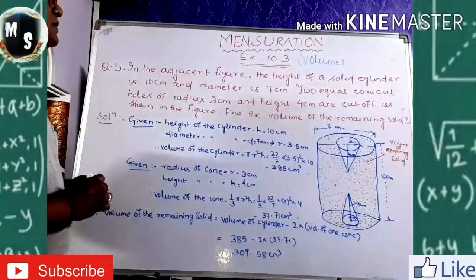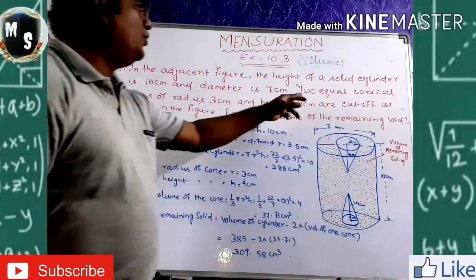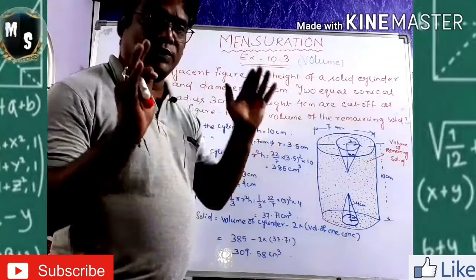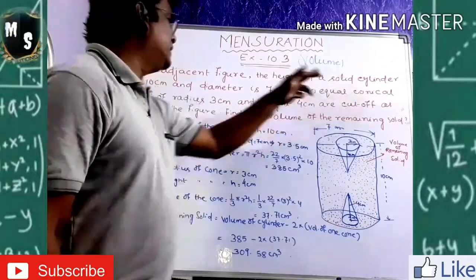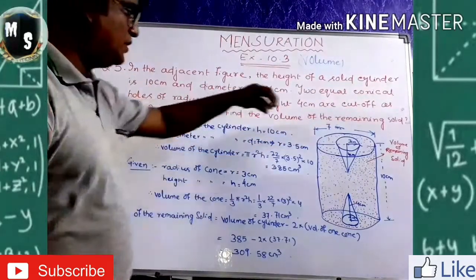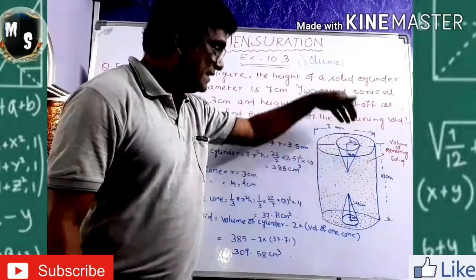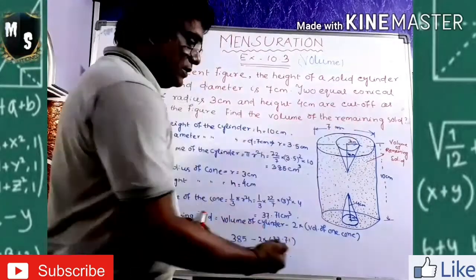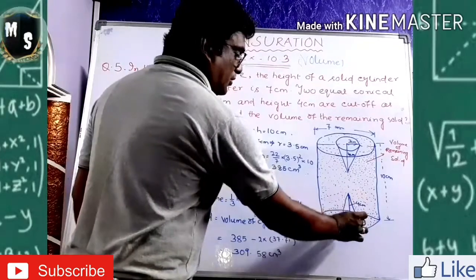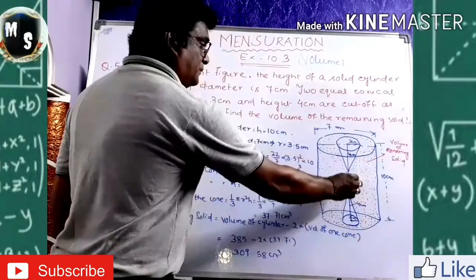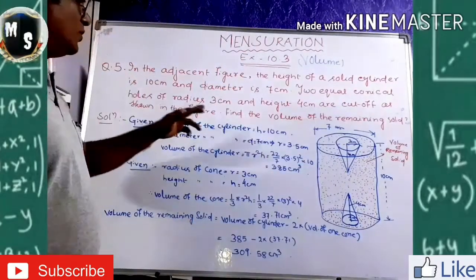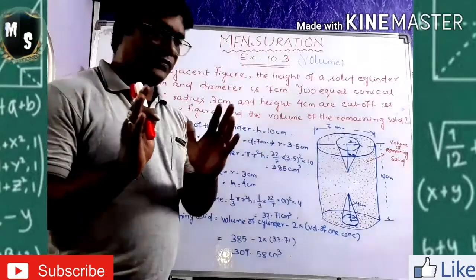Diameter of the cylinder. So two equal conical holes. Here is the point to understand: two equal conical holes. You are putting some holes like a cone inside the cylinder, and here also inside the cylinder you are taking a conical hole.